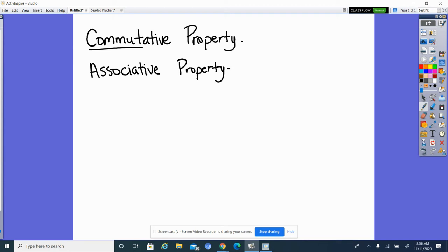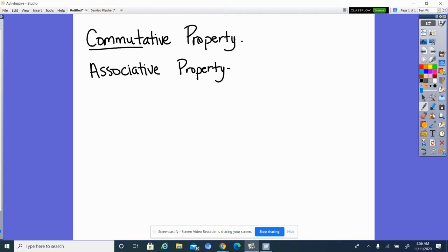Okay, to travel. What about, I know there's a commuter train. You ever heard of a commuter train? Okay, means it moves people, okay? So commute means to move, okay? So if you understand that, the commute means to move, what do you think is going to happen in the commutative property of addition? The numbers can move, right?